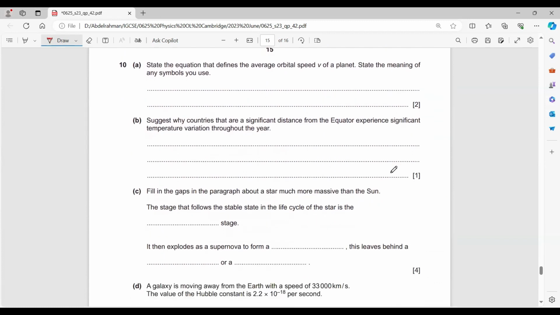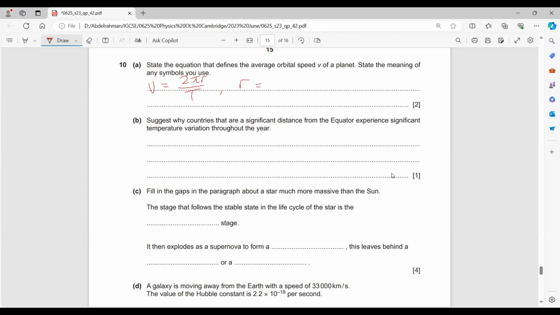Moving on to space physics. State the equation that defines the average orbital speed of a planet. State the meaning of any symbols you use. Speed is equal to 2 pi r over T. What's r?